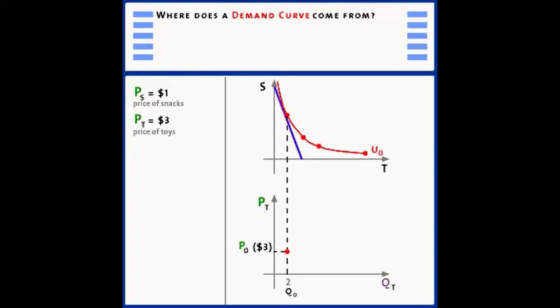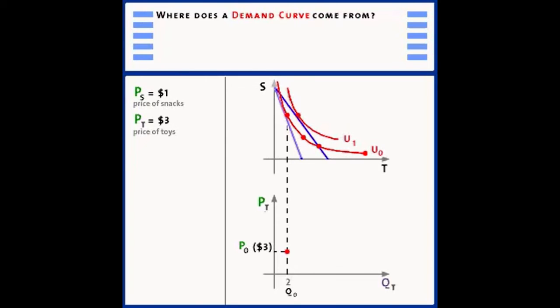Now, with this new budget constraint, we're going to be looking for a new indifference curve. That's the indifference curve that's going to be the highest one we can get to given the constraint of the blue line. And as we saw before, in the case of Chris's preferences for toys and snacks, that combination is going to be at a point like this. Here's the new indifference curve, call it U1, the highest attainable one.